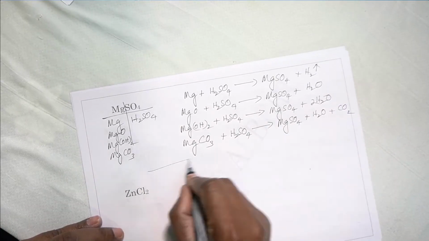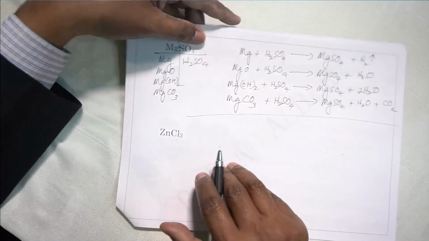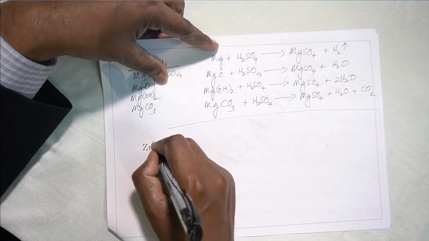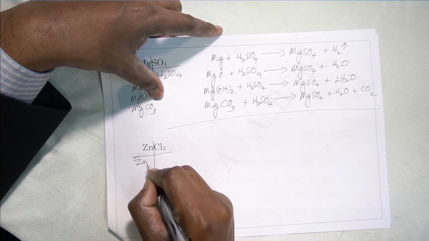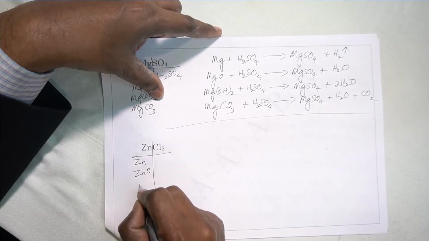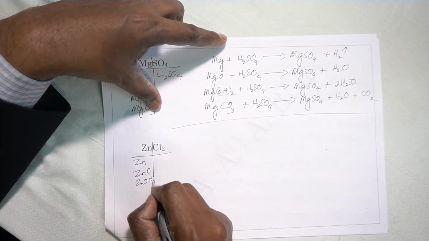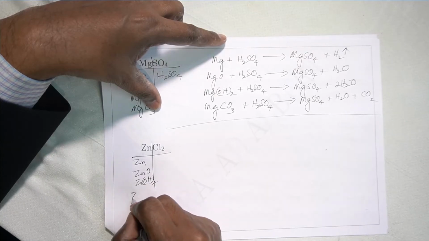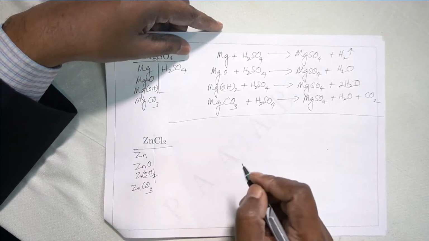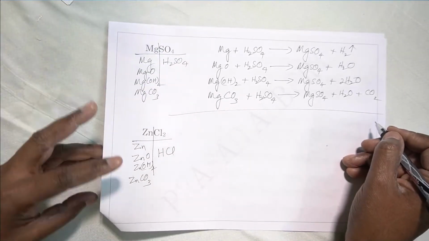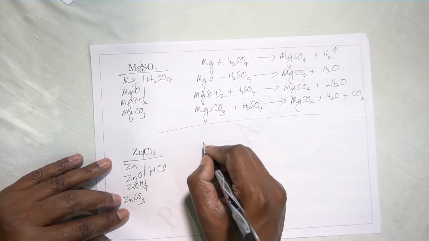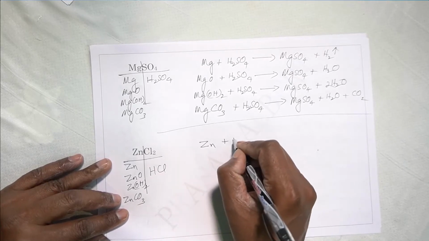Done. So 4 equations for magnesium sulfate. Now we have zinc chloride. Zinc, again 4 methods possible: metal, metal oxide, metal hydroxide and metal carbonate plus acid, which is hydrochloric acid, because we need the chloride. So 4 equations possible. Zn plus HCl.